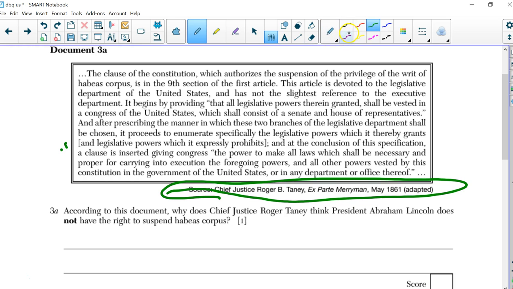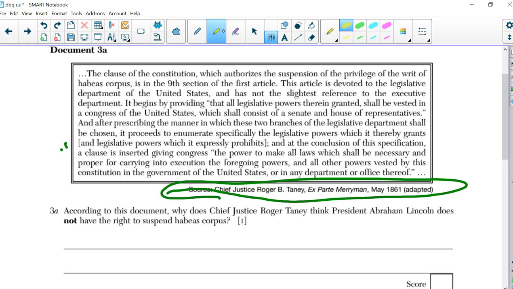I want you to think back really quickly to the initial essay where they were telling you what they were going to ask you for in the essay when you get to it after the documents. They want one argument for the suspension of habeas corpus, and they want one argument against, right? We've already figured out the for, and now we're going to go against it.